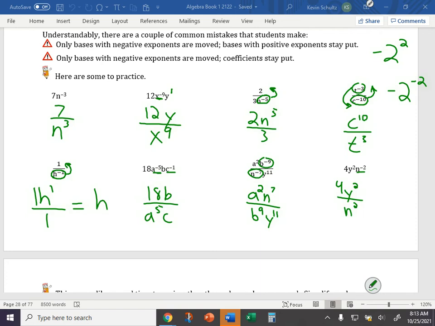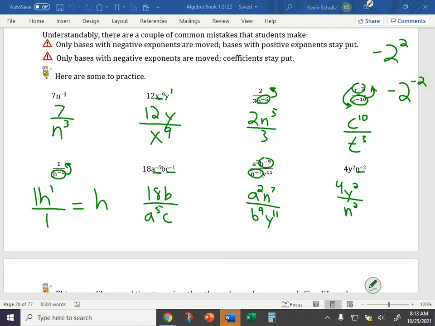Keep the base negative. That kind of goes against our rule of the base gets moved but stays the same. If we make the base negative, that would kind of break that. 1 over -2 times -2? No. This goes back to remembering order of operations, coefficients.